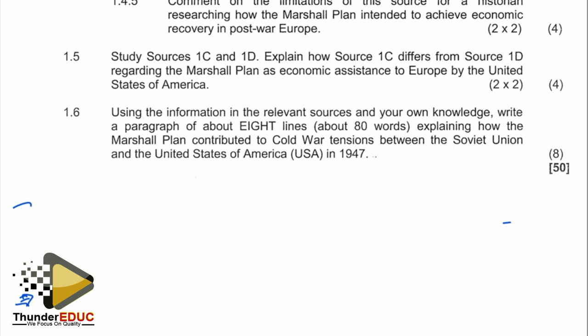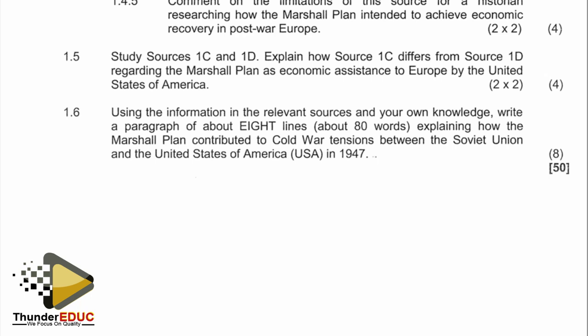So you are seeing how those two are different. Source 1C is saying the Marshall Plan is the new light which is supposed to give light to the new dark continent of Europe. But in source 1D, they're not portraying the Marshall Plan as a light. They are portraying it as an intervention strategy, which is going to damage the internal affairs of countries, and also which is going to split Europe, according to source 1D.